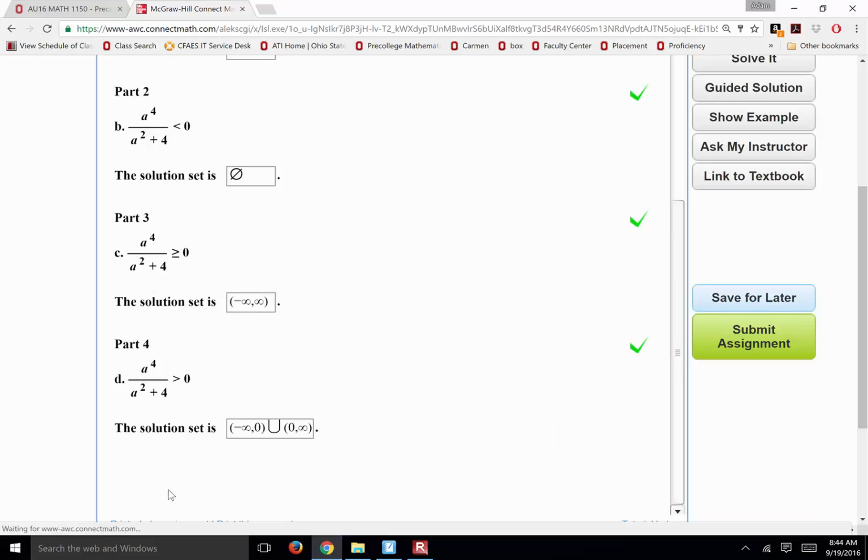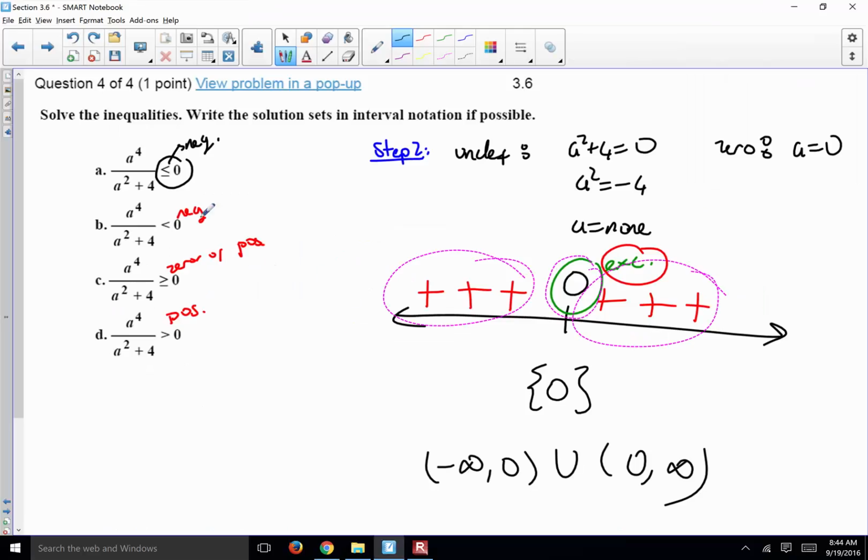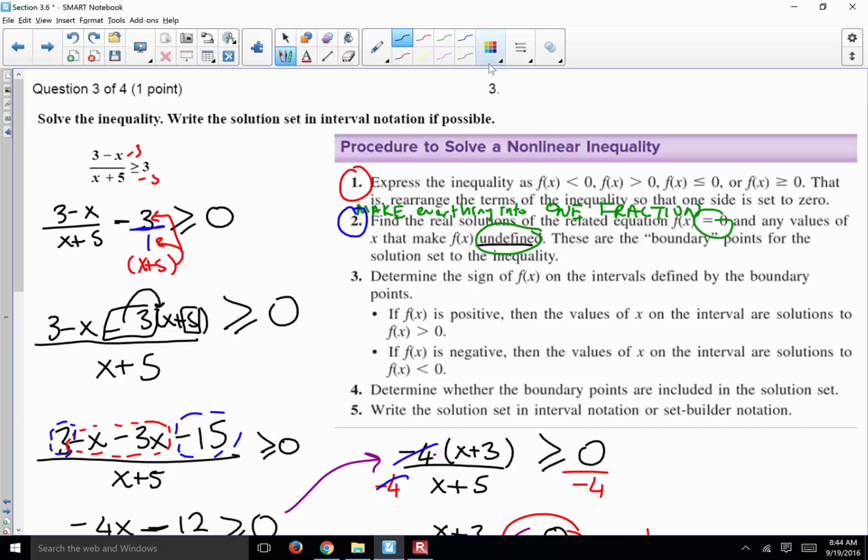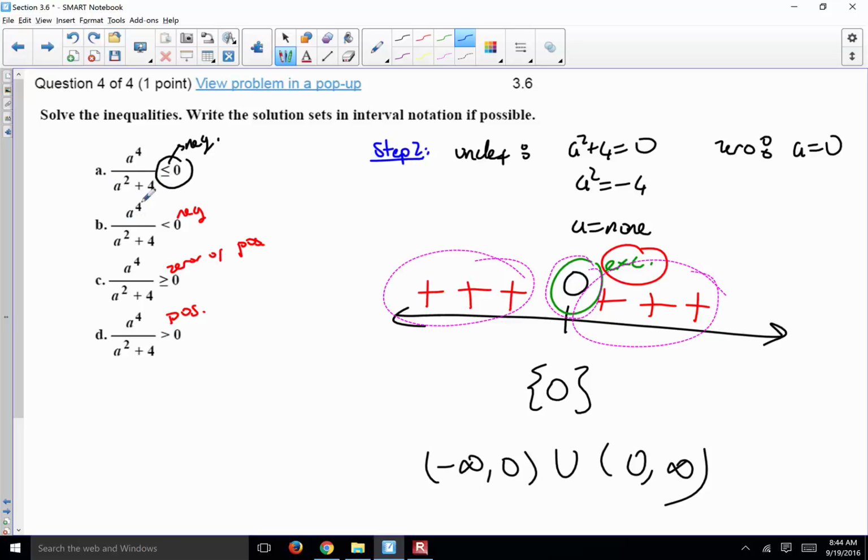Any questions? This was kind of fast, but let me know. Again, I kind of fast forwarded. I applied these steps. I found what makes the rational expression undefined, what makes it 0, and I figured there is no value that makes it undefined. The only case that makes it 0 is a equals 0.